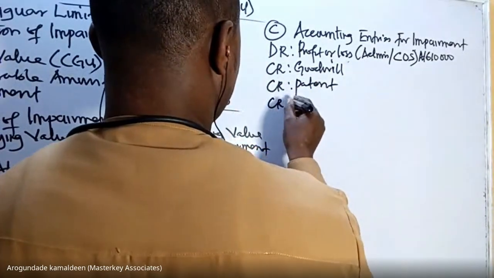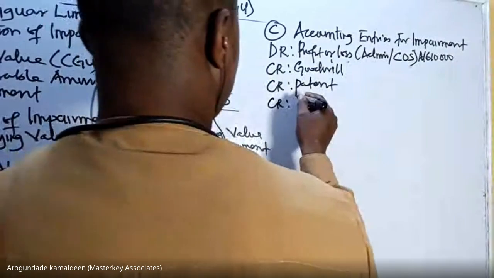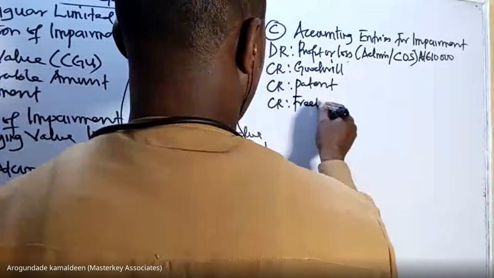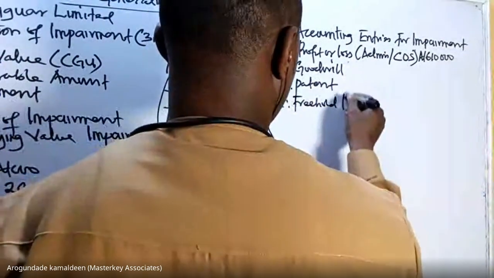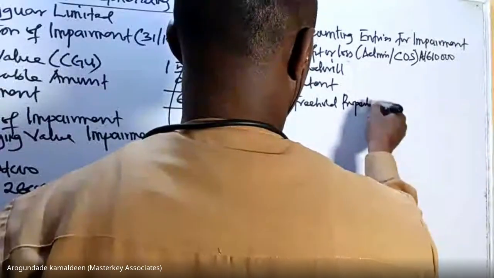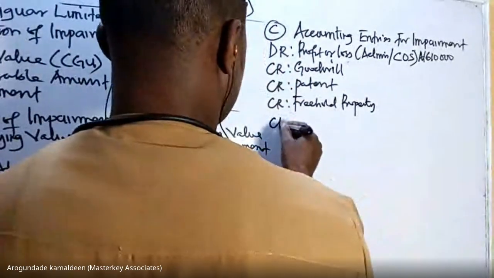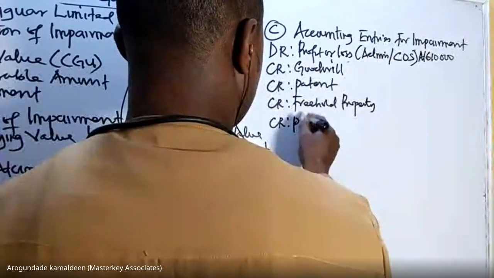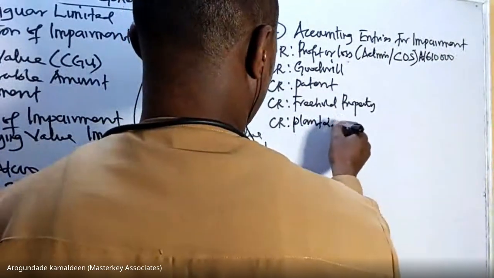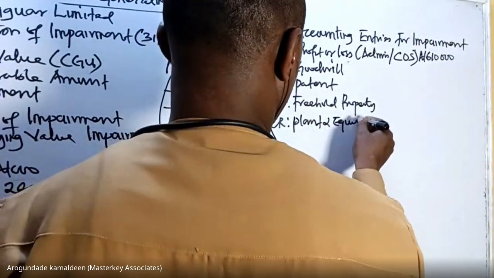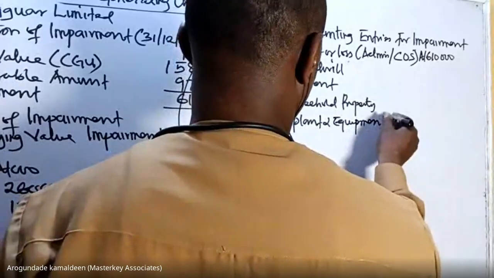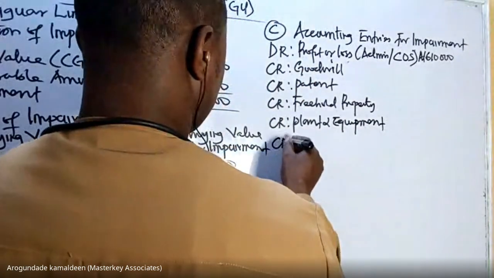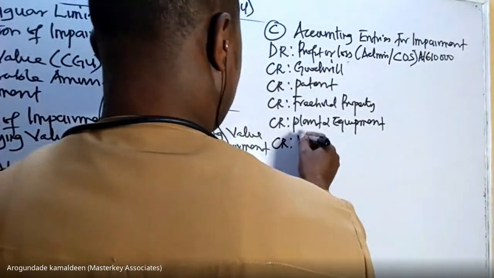You will also credit the freehold property. You will also credit the plant and equipment. You will also credit the motor vehicle.